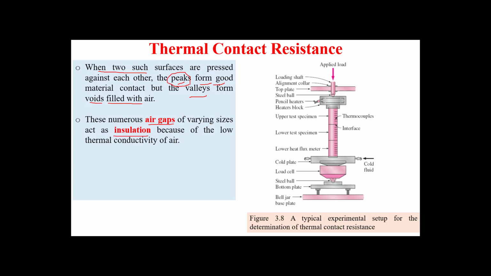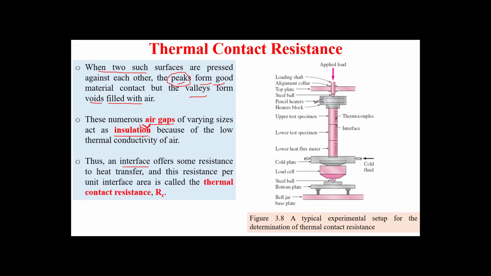Those gaps act as insulation, and in certain applications we need good contact, good heat flow, we need the heat to be conducted. So if we have roughness and imperfect contact, we'll have insulation, which will affect the magnitude of heat conducted.